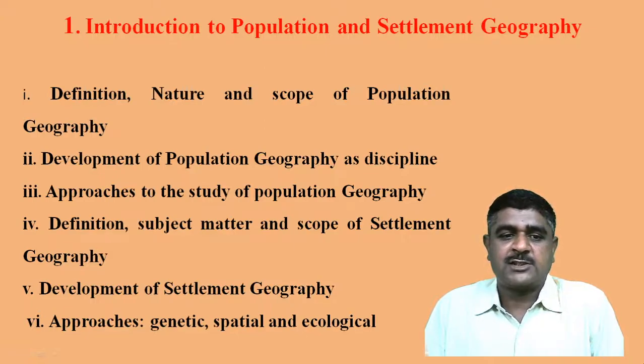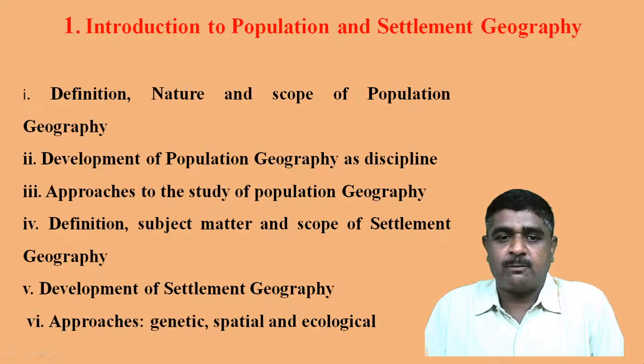Then in subtopic 4, we will study definition, subject matter and scope of settlement geography. We know very well that geography has two important branches. First, physical geography. Second, human geography. Population and settlement geography is a sub-branch of human geography.